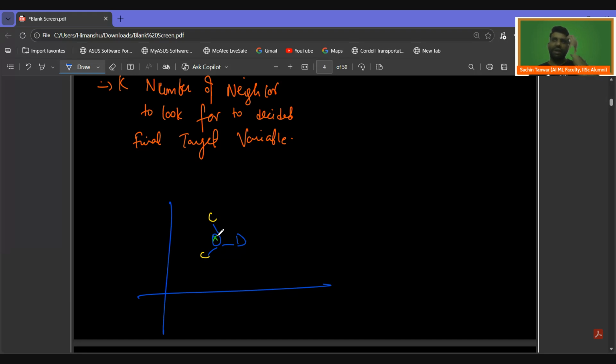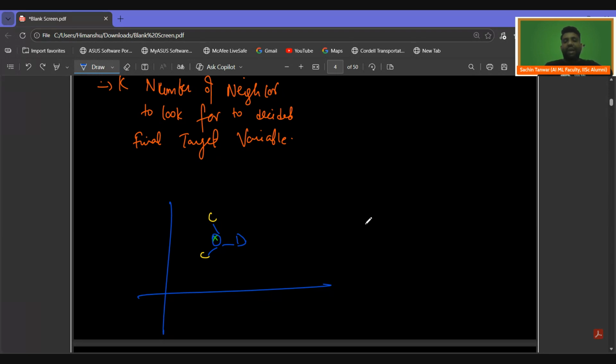On a similar line, if it's a regression problem, whatever the nearest values or data points are, I would take an average of them. Basically, some aggregation is done to give the final value. For example, if I wanted to predict the price of a house, I would look at the 3 nearest neighbors, see the price of this house, this house, and this house, and average that to return the overall price of this house.